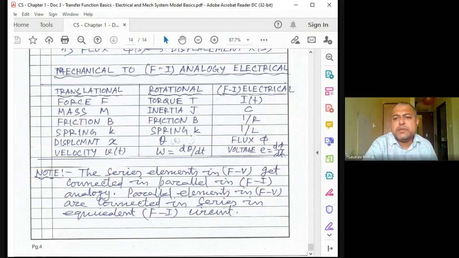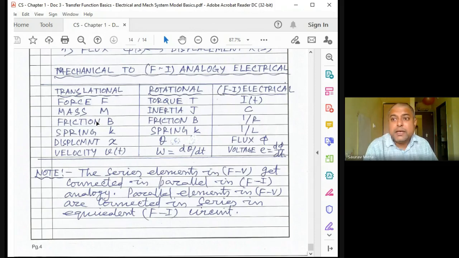So in that case what we do is we try to find out the electrical equivalent of that mechanical system. So very big mass might become very small value of inductor. Okay, so we can simulate the properties or dynamics of that mechanical system in the laboratory by using small electrical components.